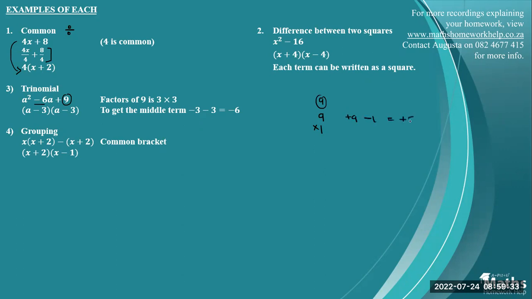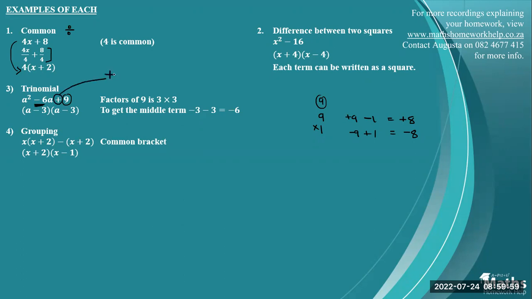So if you had a plus 8 in the middle, you would have worked with this. If you have a negative 8 in the middle, you will work with negative 9 and plus 1. But I'm going to work with 3 and 3, and I'm going to minus them so that I can get a negative 6.